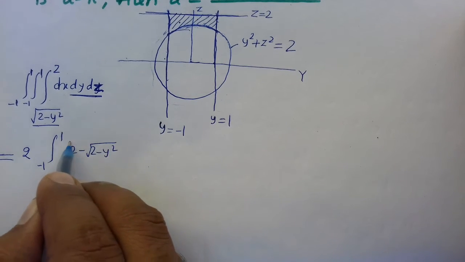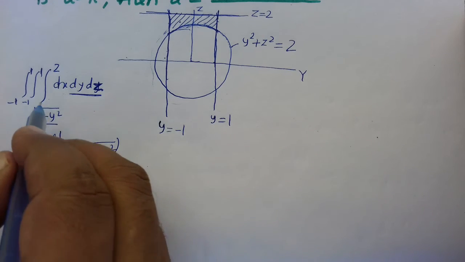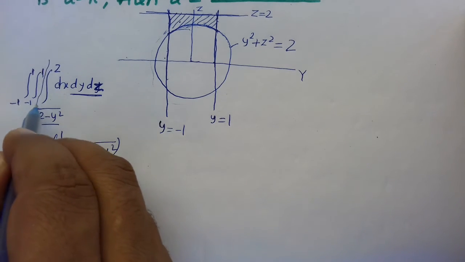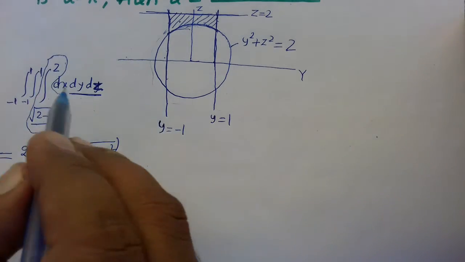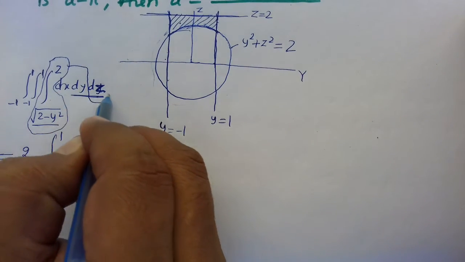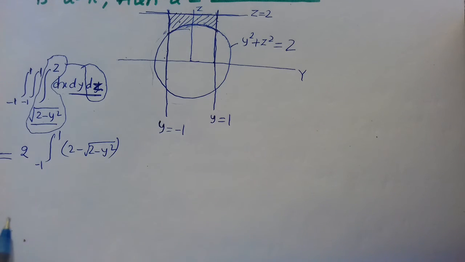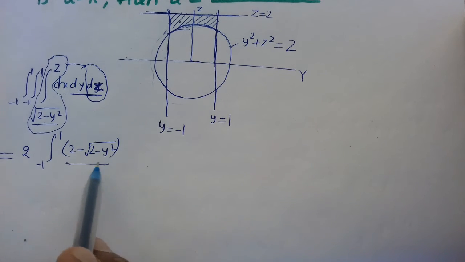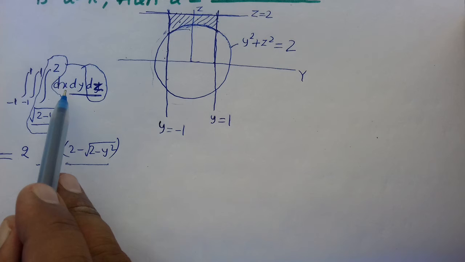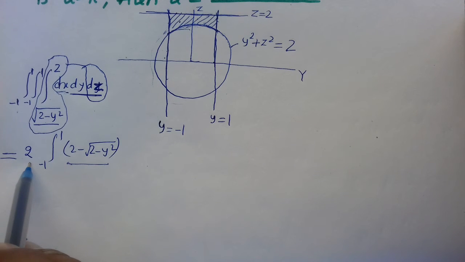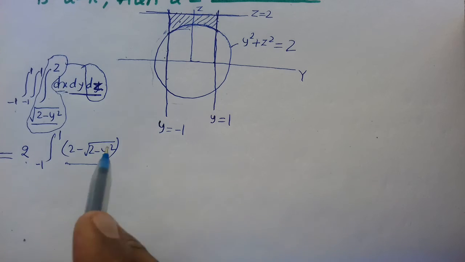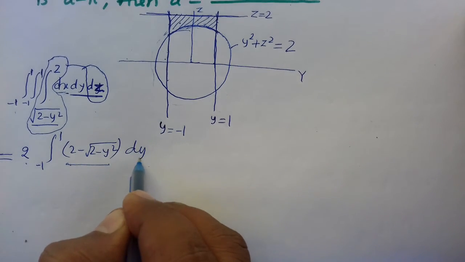This comes when you consider this limit with dz, and dx from -1 to 1 will give you 2. Now it remains only dy.